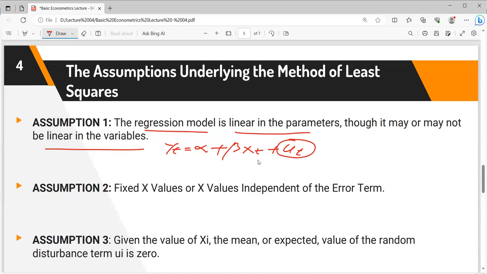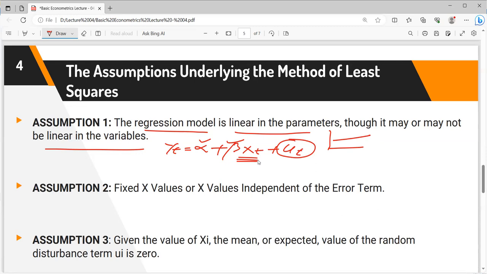The meaning of this assumption is that our regression model will be linear in terms of parameters, though it may or may not be linear in terms of variables. If we are studying the method of least squares or the classical linear regression model, we have to define the linear relationship. It is not compulsory that the regression line must be linear.